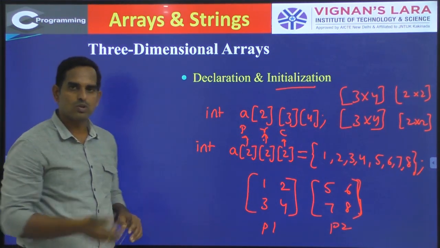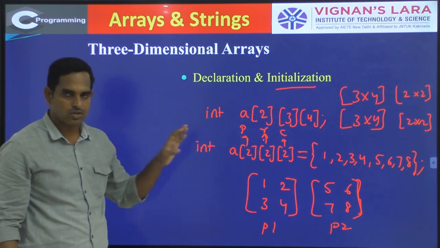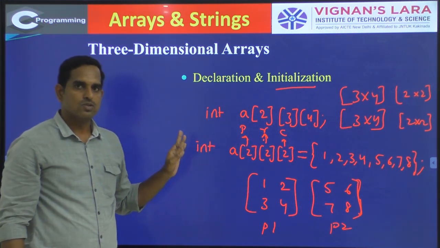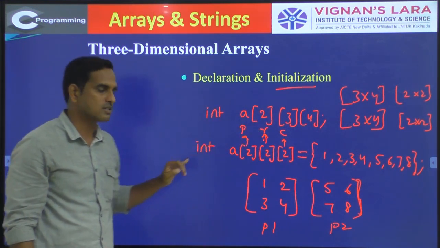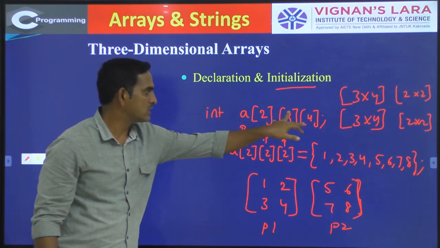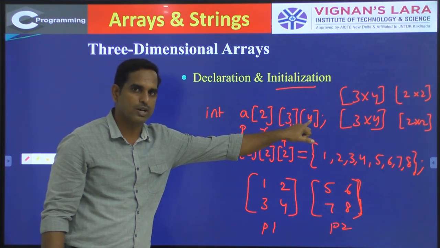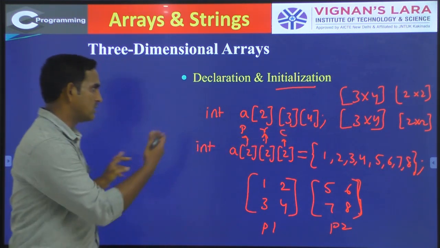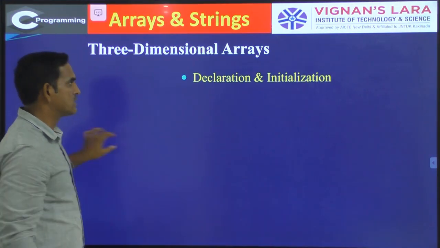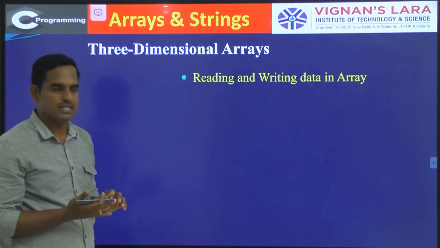That is how you have to visualize three-dimensional arrays. Your 3 dimensions are nothing but a number of 2-dimensional arrays. So this will be two 3 by 4 2-dimensional arrays, and this will be two 2 by 2 2-dimensional arrays. The same case you can go for 4 dimensions as well.